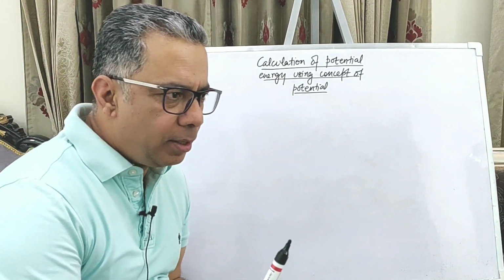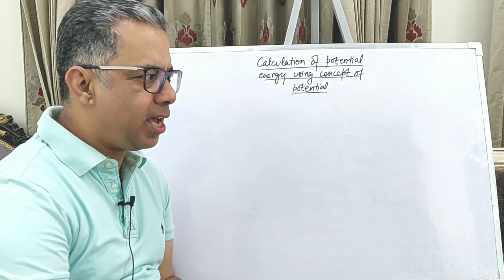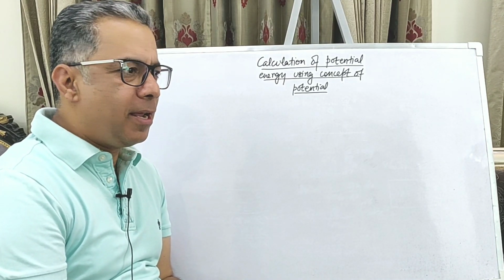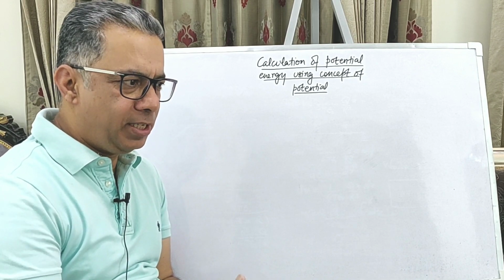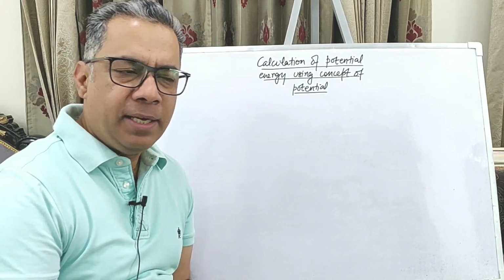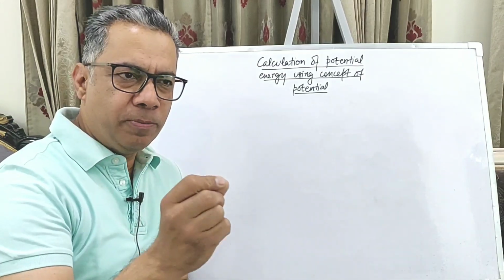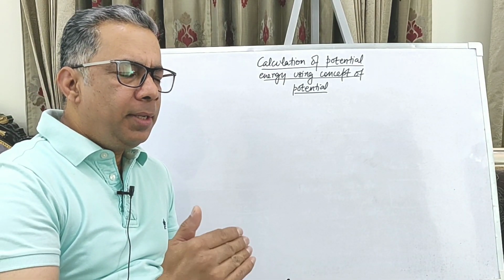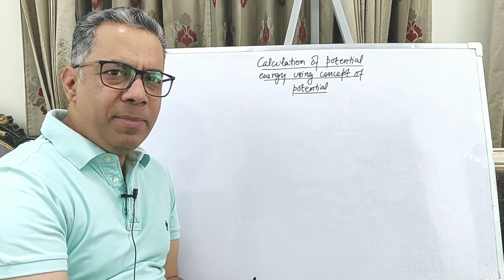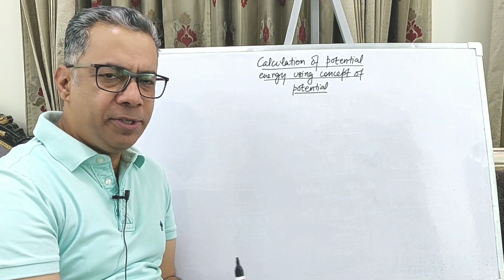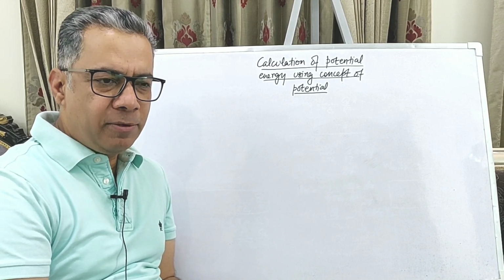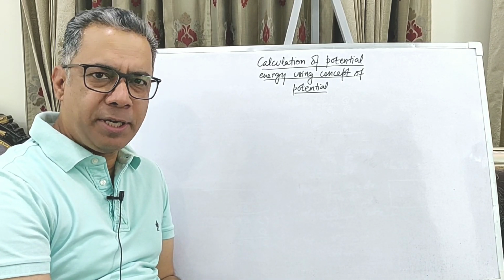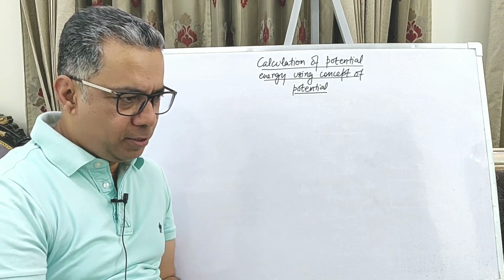Now, I've been repeating this several times, and I'll say it one more time: if the potential at a point is equal to V, and we place a charge Q at this point, then the change or increment in potential energy of the system is Q times V, and this fact can be used for calculating potential energies of all kinds of systems.